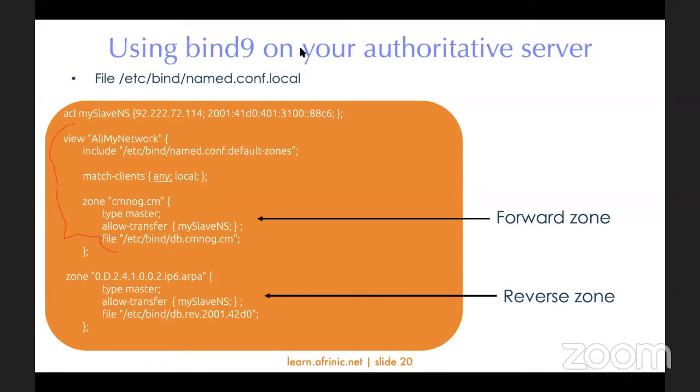The match clients, this is where you'll allow the entire internet to be able to query your DNS servers, and then you configure your different zone files. In this example, you have two. One for the forward zone, cmnog.cm, and another one for the reverse zone over IPv6.